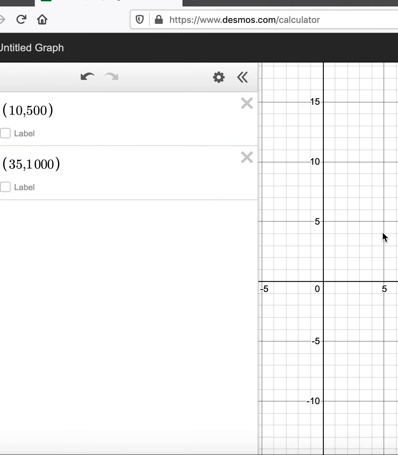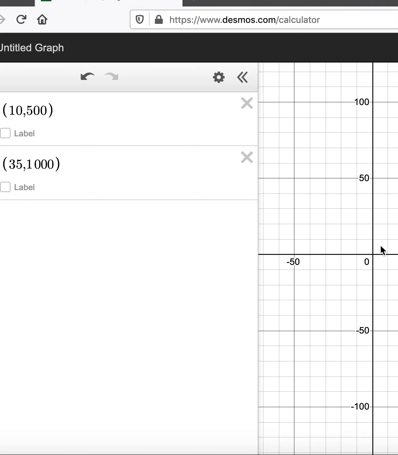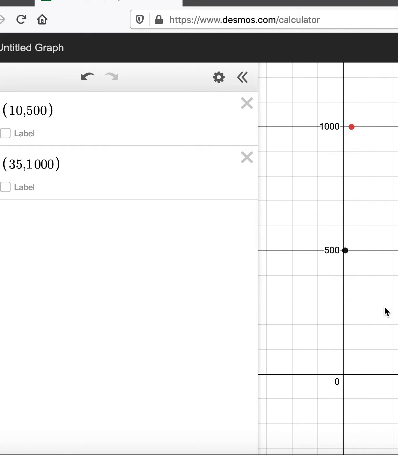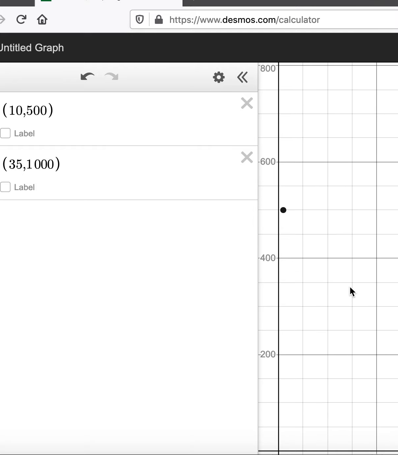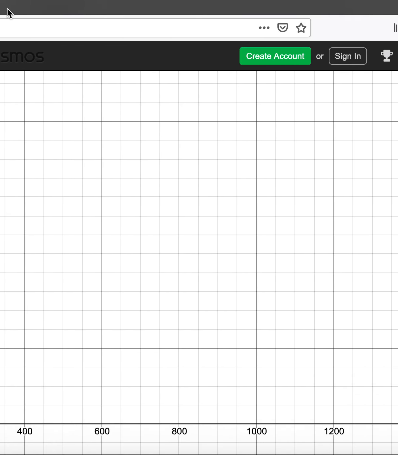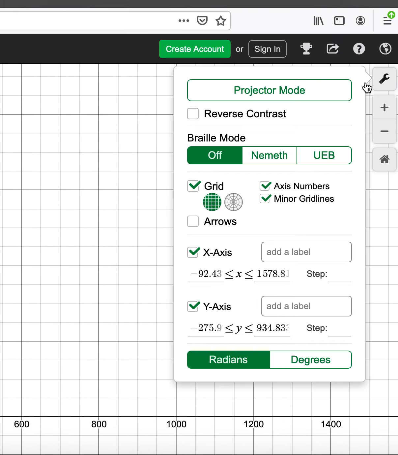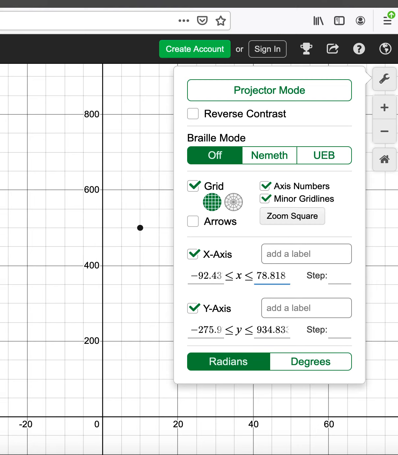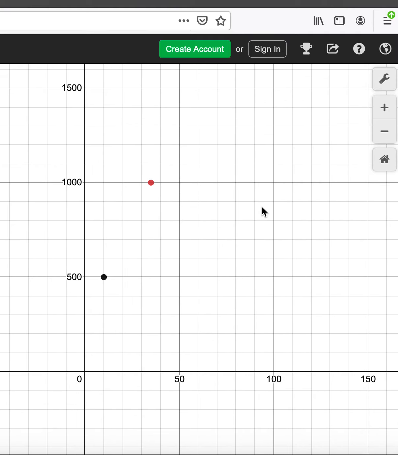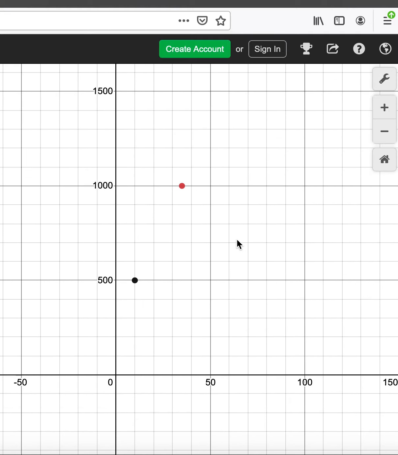Okay, we should be able to zoom out and find our points. Okay, there they are. We need a line that goes through these 2 points. Now if I go over here to the wrench, I can actually shrink it down some. There we go. We need a line going through those 2 points.